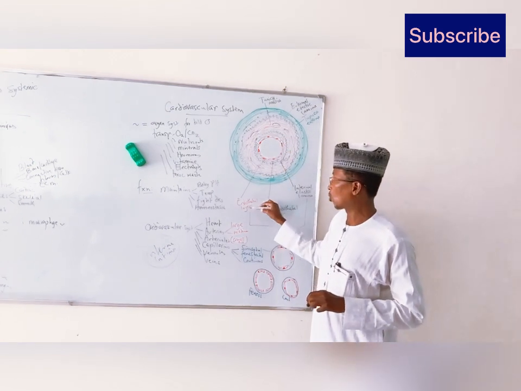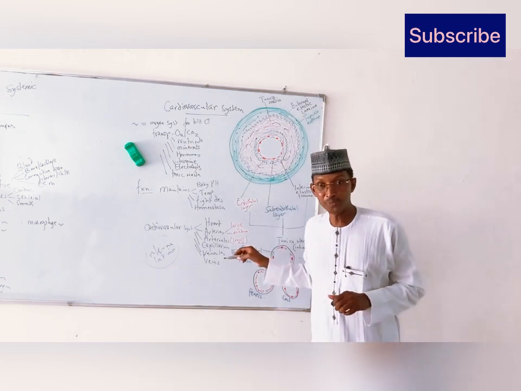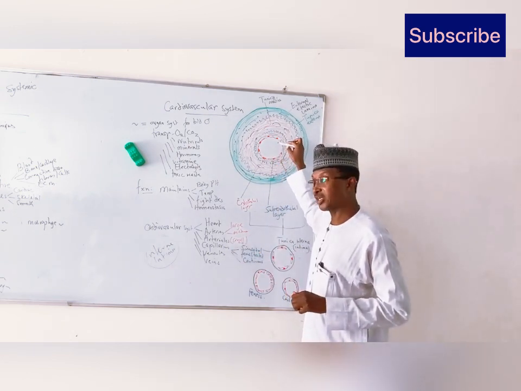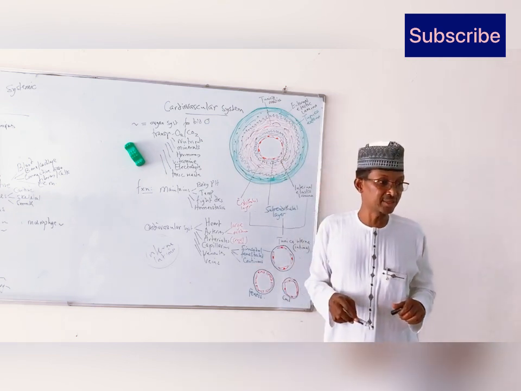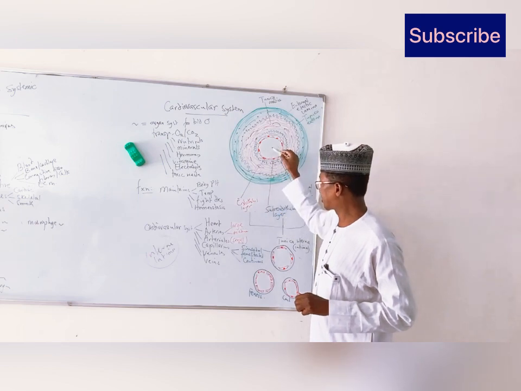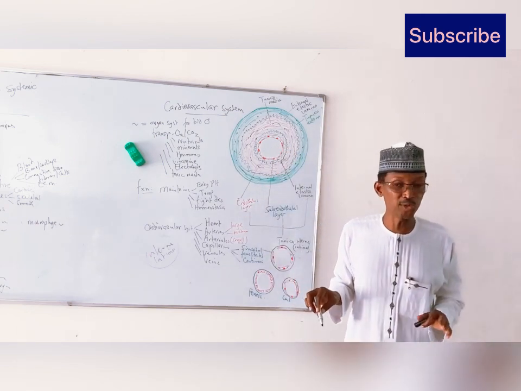That is why they are called endothelial cells. Endo from endoderm. So the simple squamous epithelial cells within the arteries are made up of these endothelial cells, flat or squamous epithelium.